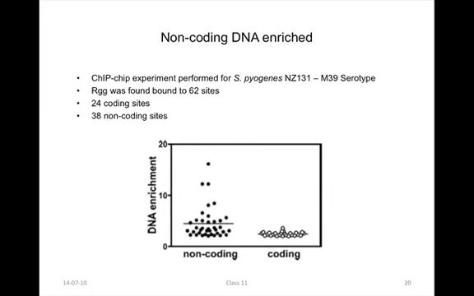Now, what they're saying is, in the next figure, with the ChIP-chip experiment, they can say that there are more non-coding sites than coding sites, but RGG does bind coding regions and non-coding regions as well. So they found RGG bound to 62 places on the chromosome.